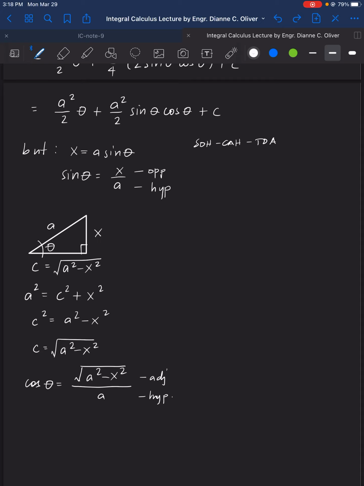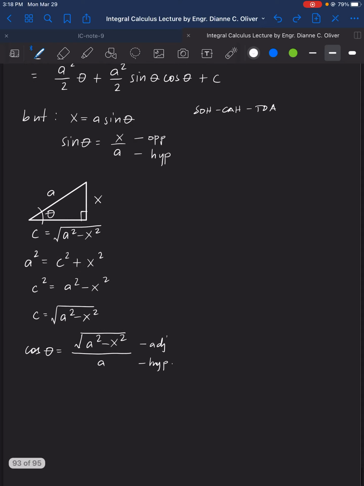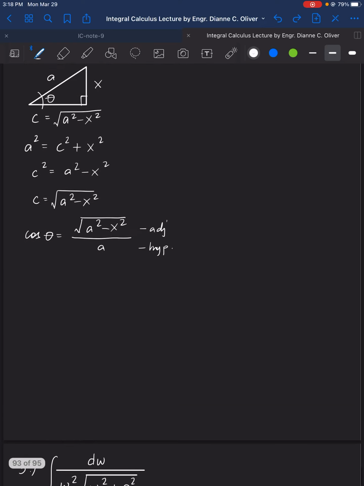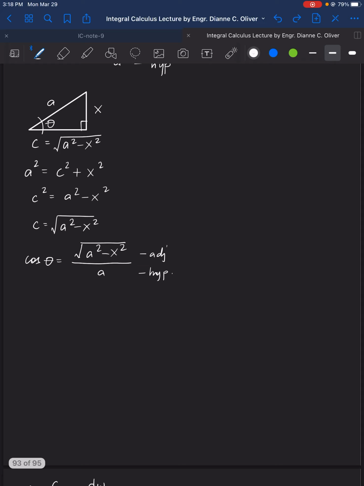How about if we are dealing with theta only? Using sine theta is equal to x over a, we can have the value for theta by taking the inverse of sine, or the arc sine of x over a.